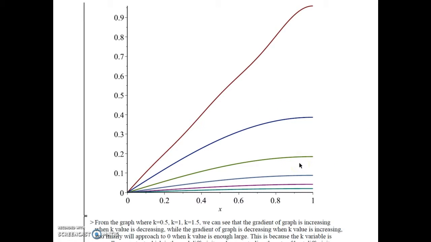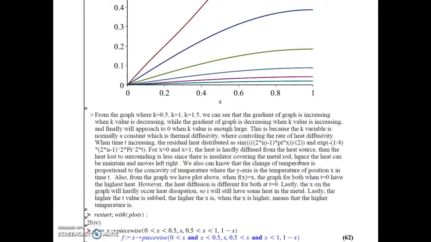I guess it won't go to 0 because we don't really know whether there is an insulator or not, but as we know, from x equals to 0 and x equals to 1, the heat is hardly diffused from the heat source. Then the heat loss to the surroundings is less, since there is an insulator covering the metal rod.